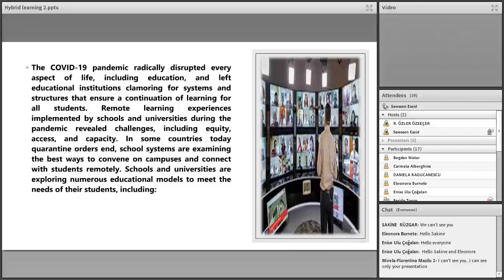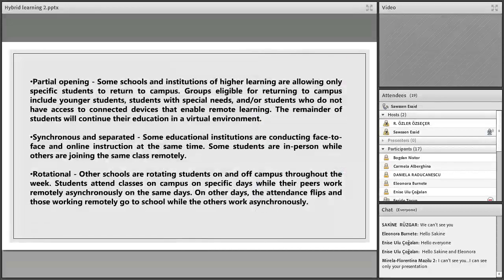Which are the models? Maybe you know these varied models adopted by universities or schools. There are three models. The first one is partial opening. Some schools and institutions are allowing only specific students to return to campus.